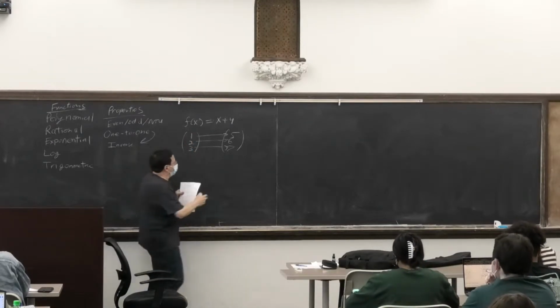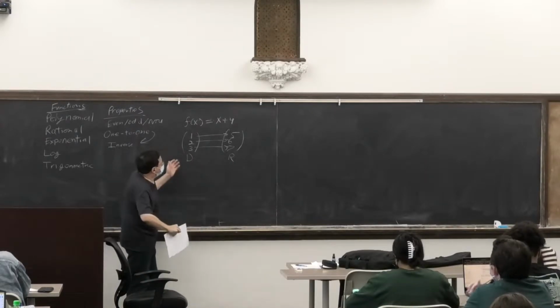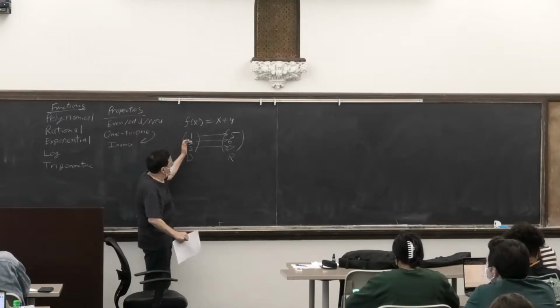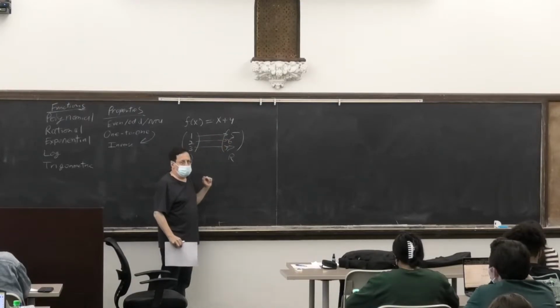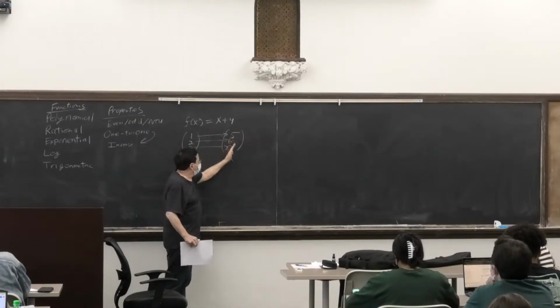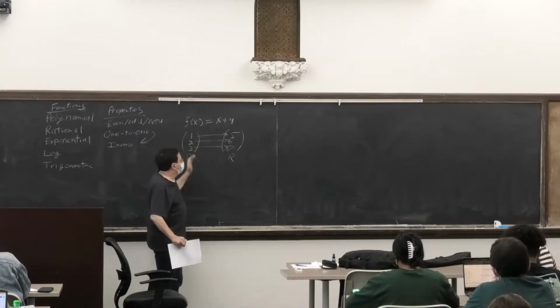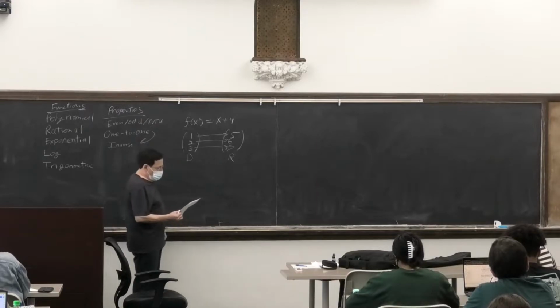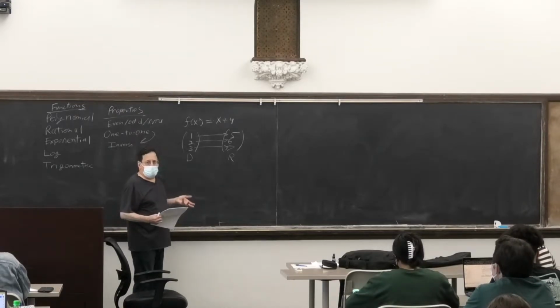And this is the whole range here. So for each member of the domain, there's exactly one member of the range. And each member of the range only has one member of the domain that's mapping to it. That's pretty much the definition of a one-to-one function.